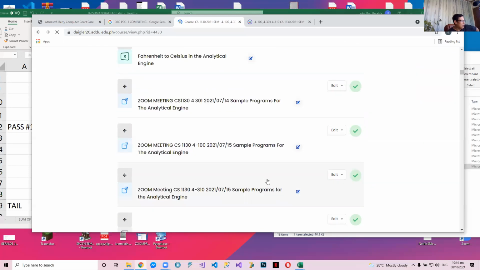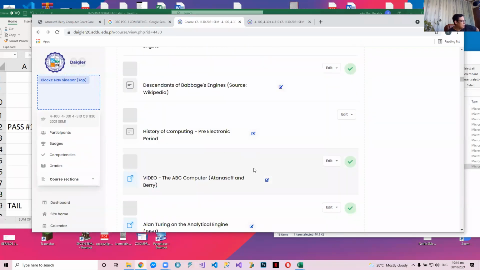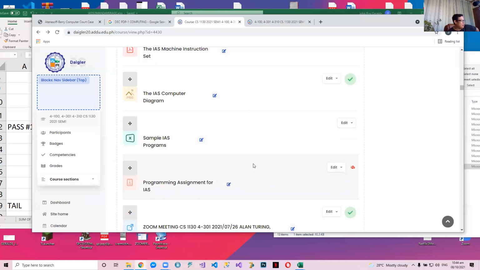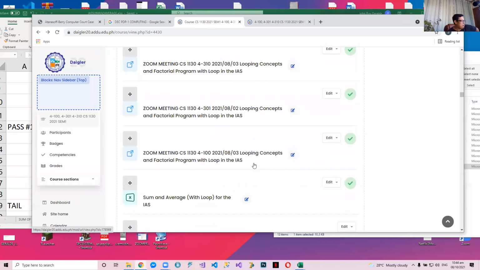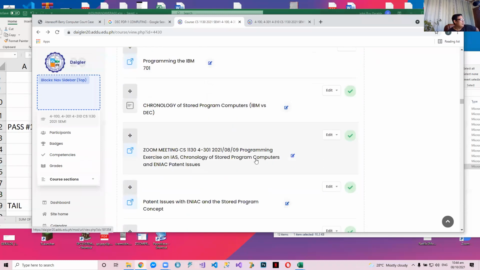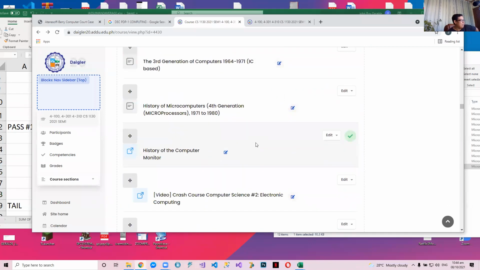And then we look at the history of Microsoft Windows. And then we'll also look at the history of the internet, the history of the internet and the World Wide Web.